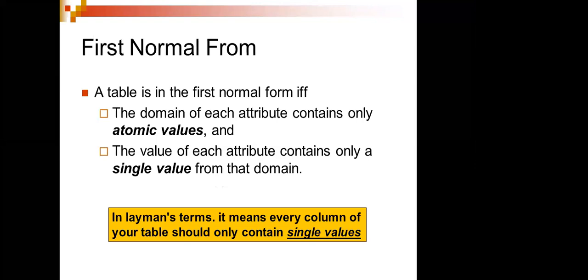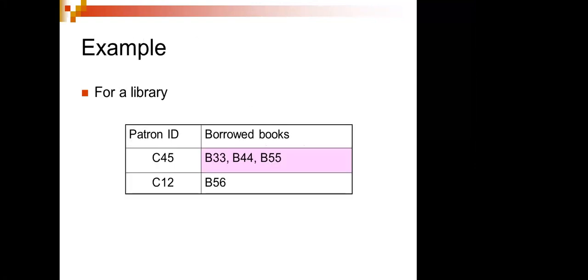So when you have more than one value for a particular field or domain, you try to segregate. In the first normal form, we try to convert the data into single values. So the first point to remember is that the value of each attribute should be a single value. If it is like this, you convert it into like this.